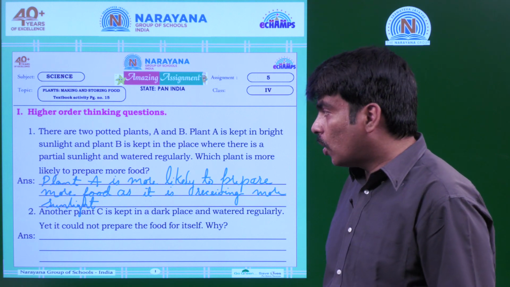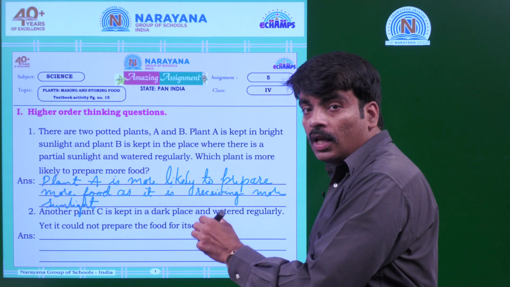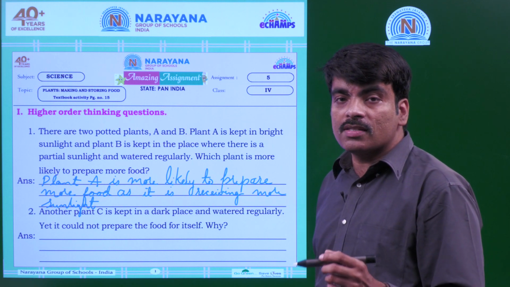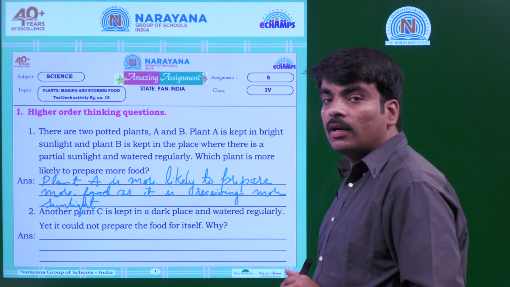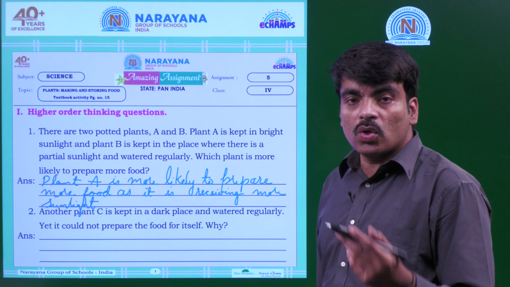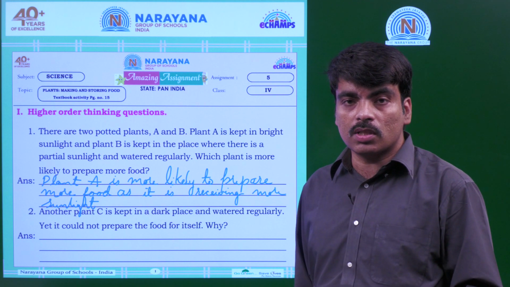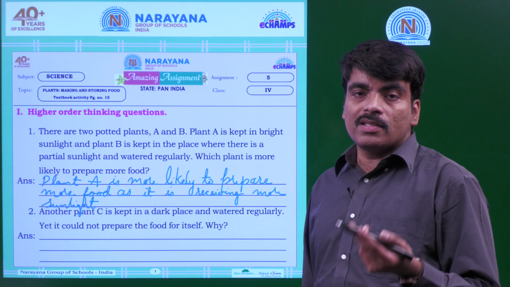Yes, because this plant C is not receiving any sunlight. It does not receive any sunlight because it is placed in a dark place. So when there is no sunlight, there is no photosynthesis. And when there is no photosynthesis, the plant cannot prepare its food.